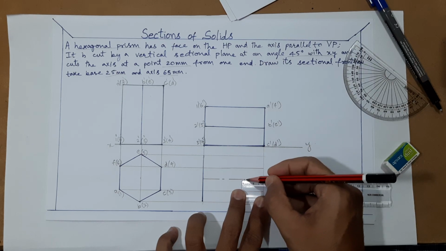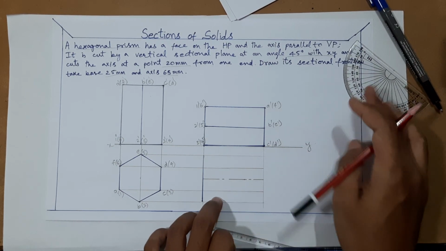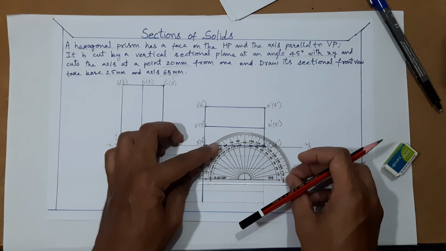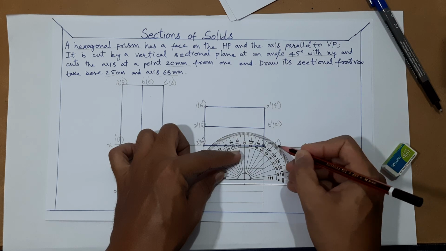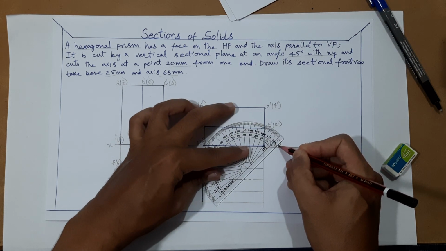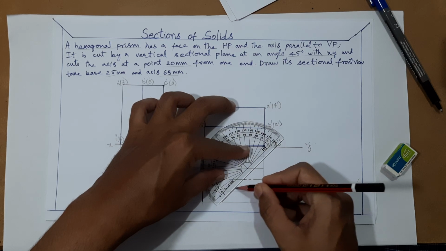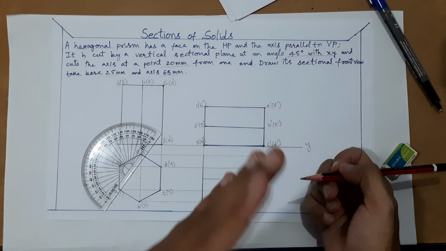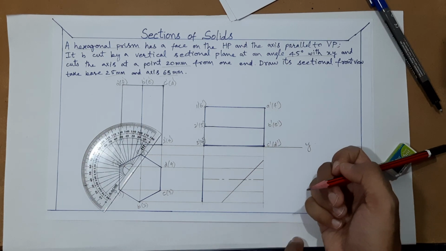At this point, how much angle? 45 degrees. So quickly we will measure with this 45 degrees. So 45 somewhere here. So we are cutting it in this way from the top, and we are removing this portion completely.